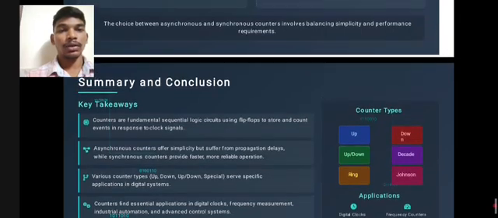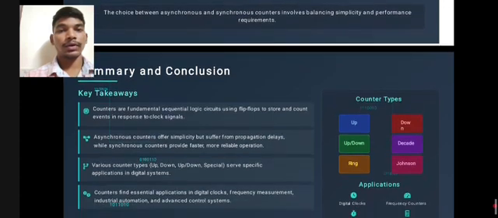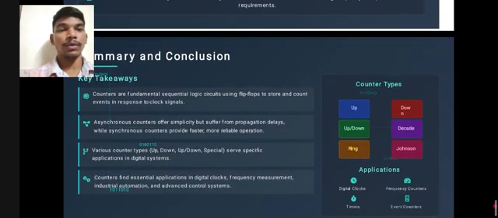Summary. Key takeaways: counters are fundamental sequential logic circuits using flip-flops to store and count events in response to clock signals. Asynchronous counters offer simplicity but suffer from propagation delays, while synchronous counters provide faster, more reliable operation.